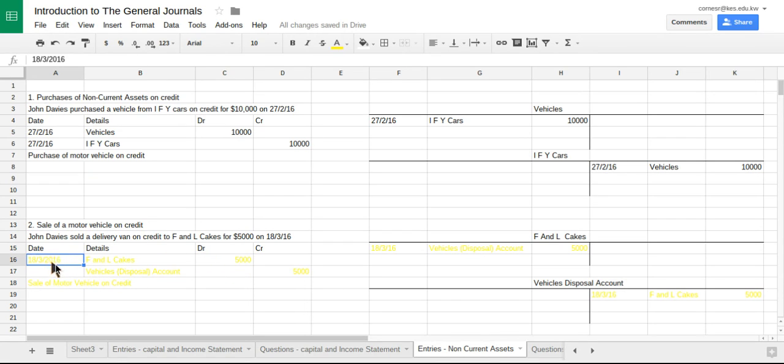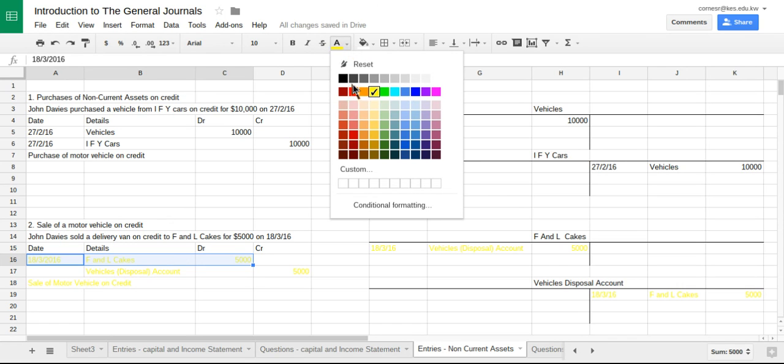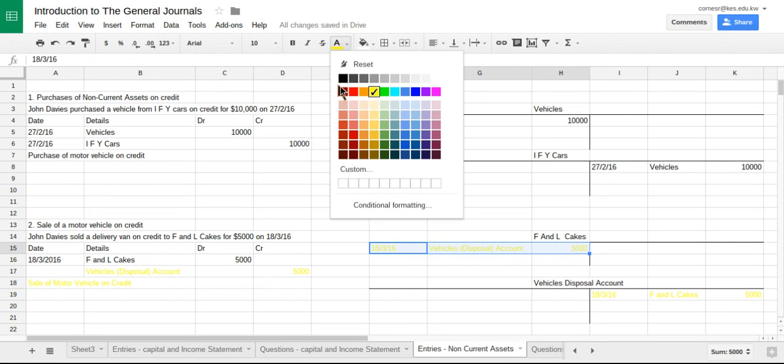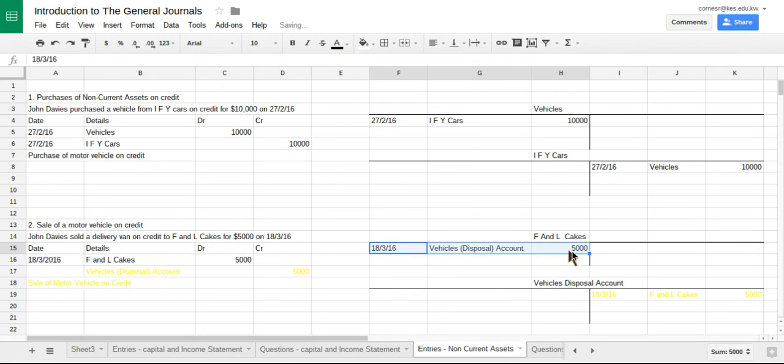So the first thing is F&L Cakes are going to be a debit entry. They're going to be a debit entry because F&L Cakes now owe the business some money. So if we look now at F&L Cakes' account, we've now got them in there as being an asset. They owe the business $5,000.